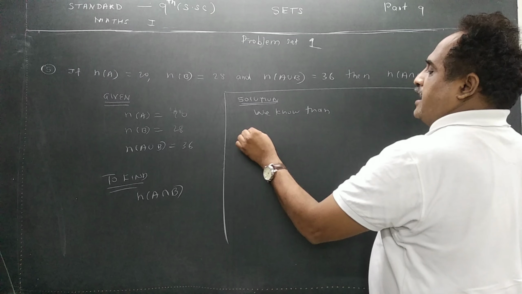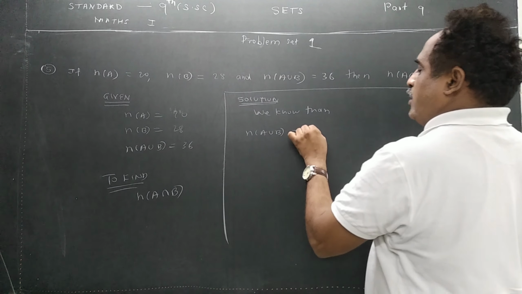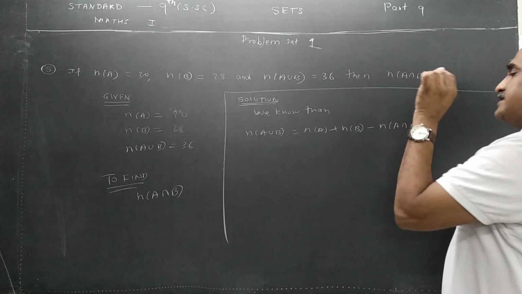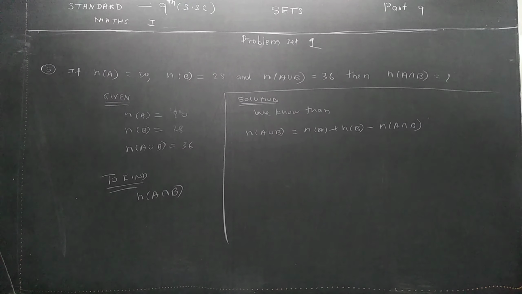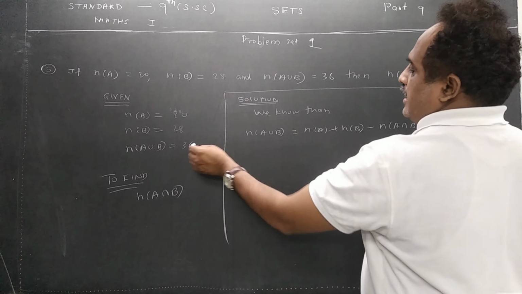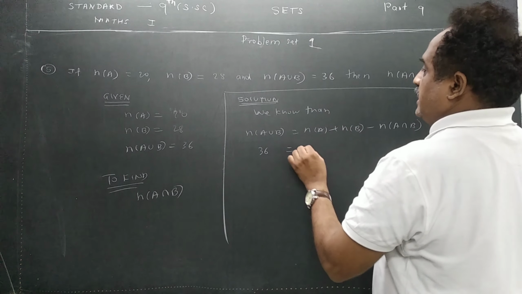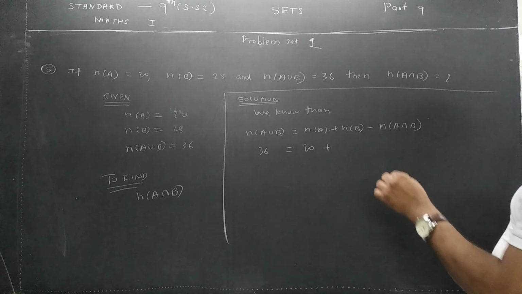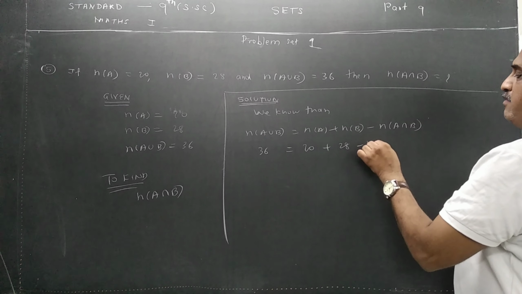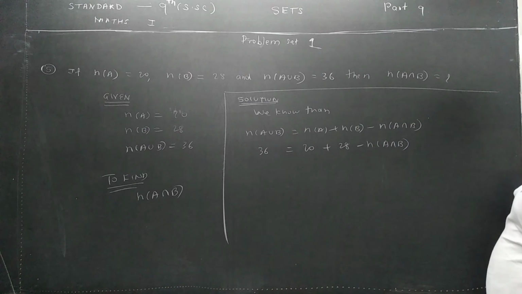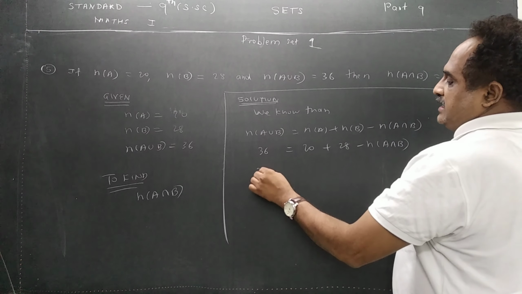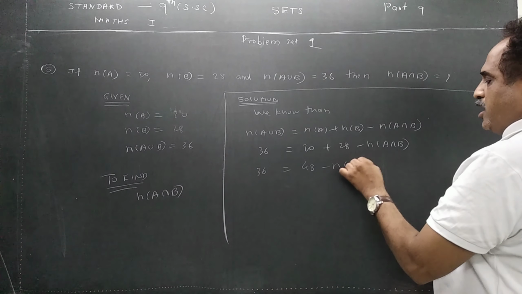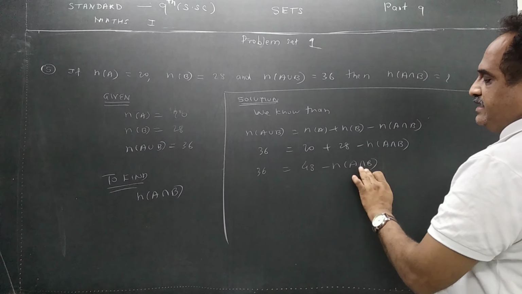What do you know? Number of elements in A union B is equal to number of elements in A plus number of elements in B minus number of elements in A intersection B. Is it right? Number of A union B is 36. Number of elements in A is 20. Number of elements in B is 28 minus number of elements in A intersection B. So this is 36 on one side, and here it is 48 minus number of elements in A intersection B. Negative terms are there.